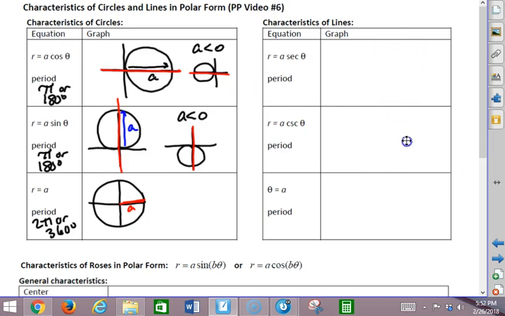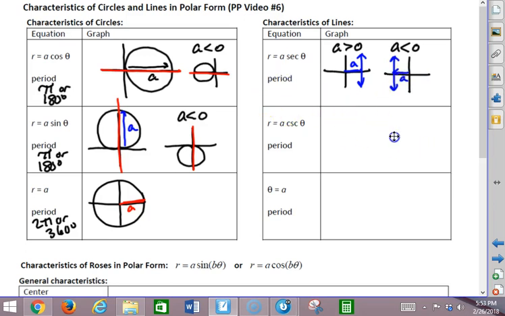So if I have A greater than 0, this would give me the line over here where this distance is A. And if I have A less than 0, then I would have a line to the left where this is A, because now A is reflecting it the other direction. Okay, so A is going A units in the opposite direction.